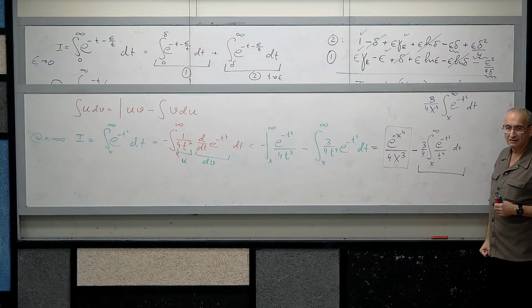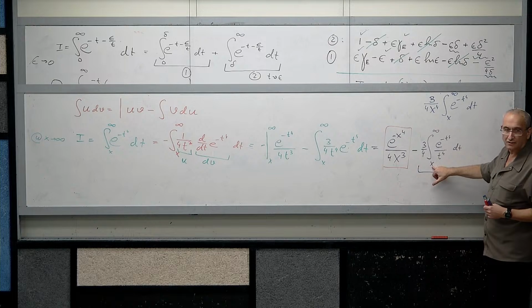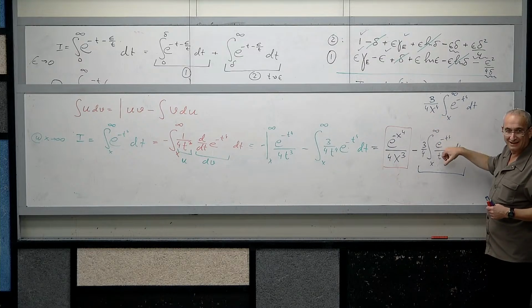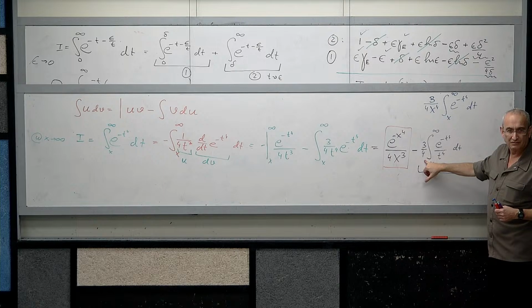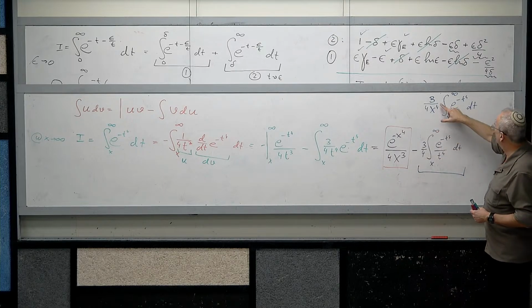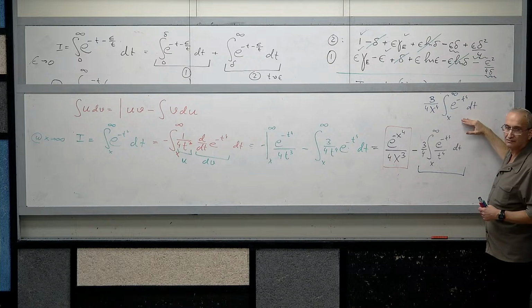Because t to the 4 is always larger than x to the 4 here, so taking x to the 4 outside is clearly an upper bound. But here you have 1 over x to the 4 times the integral we started with, and when x goes to infinity, this will be negligible.